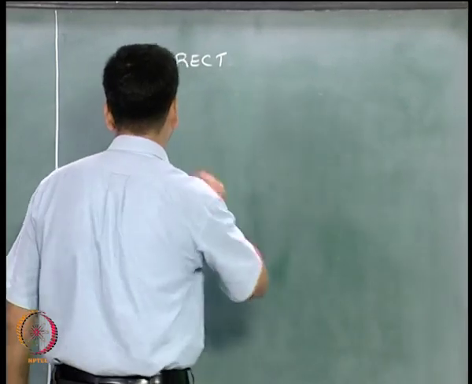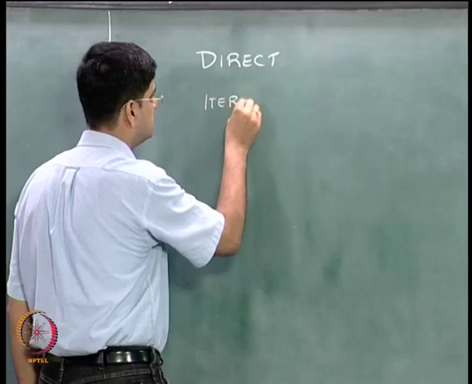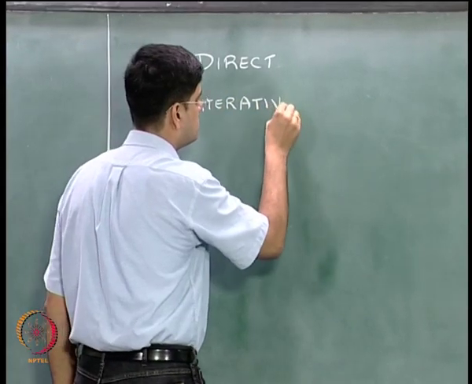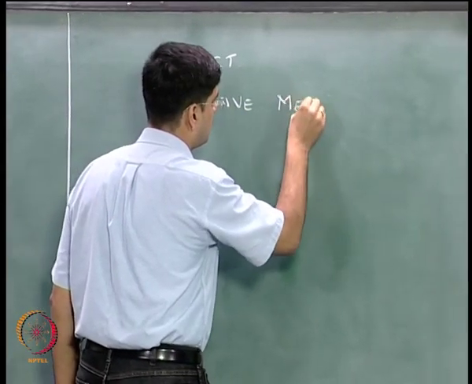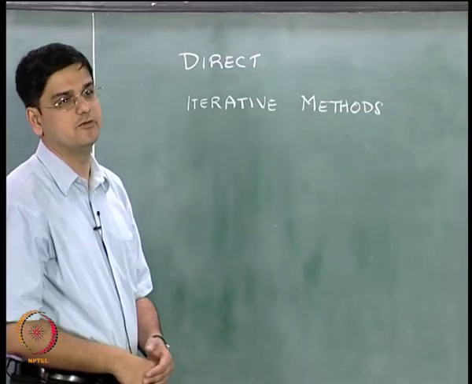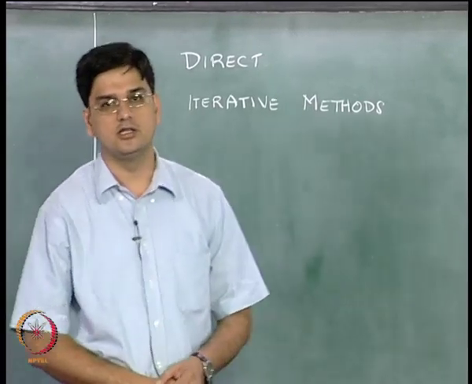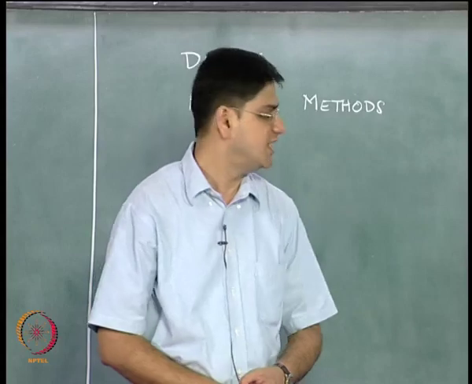As opposed to the direct methods, there is another class of methods known as iterative methods for solving linear equations, and we will be covering the iterative methods in this part of the lectures.